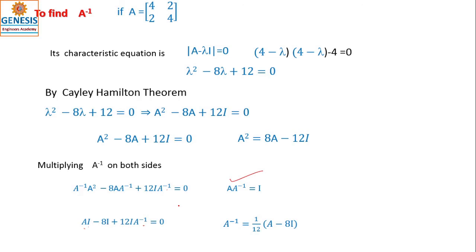So this method of finding A inverse will be very, very useful for matrices higher than 2 by 2. If it is 2 by 2, you need not do all these things. For higher powers, if it is A to the power of 4 or A to the power of something, you simply square both sides and reduce the equation into simple terms to find A to the power of 4.